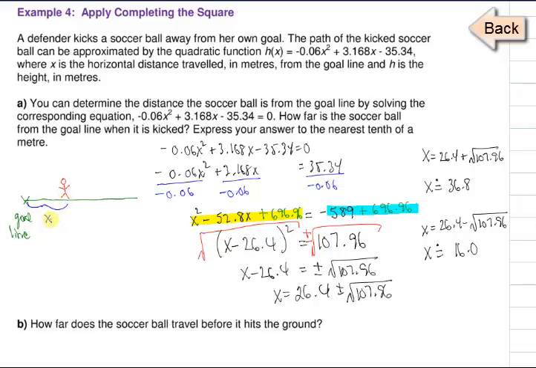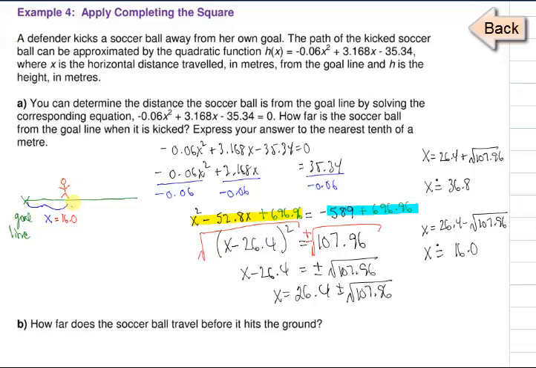Is it going to represent the smaller number or the bigger number? Keeping in mind that this formula helps you determine how far the soccer ball is from the goal line, you're going to have to go with the smaller value for your answer to the first question, because that's the closer distance.